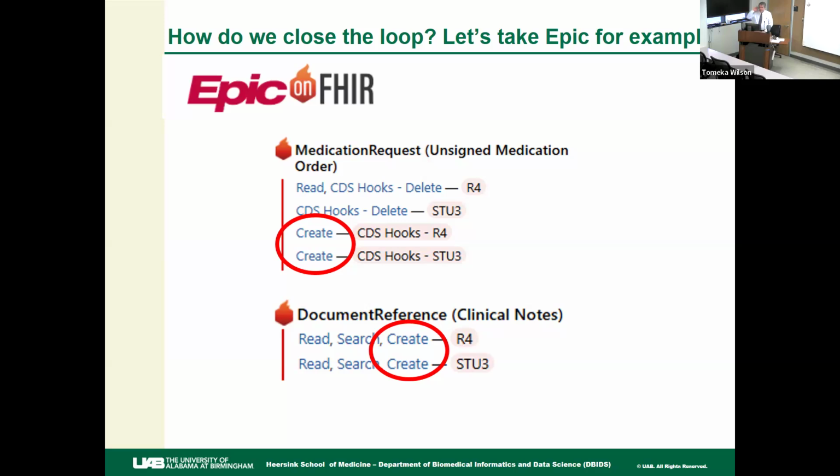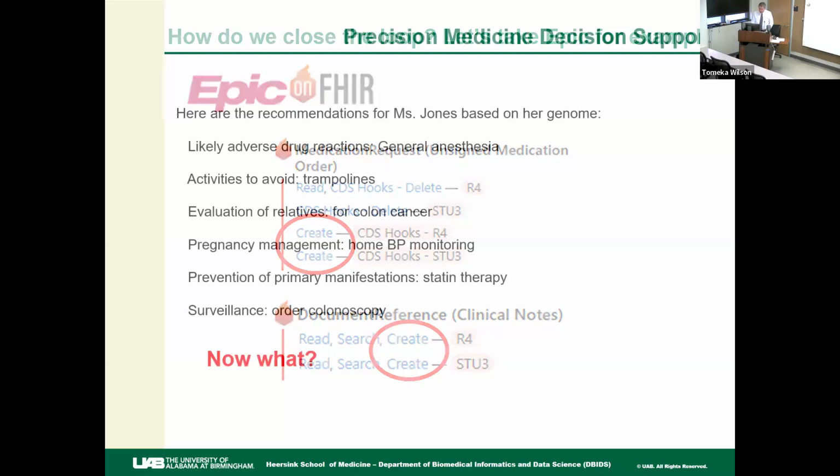It's basically version 3, and R4 is version 4. STU is standard for trial use, so it's not the official standard. But anyway, version 3, version 4 of HL7 lets you actually write things into the EHR to document or put in orders. So that's going to allow us to close the loop.